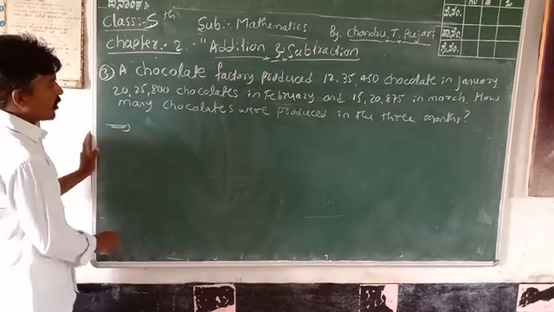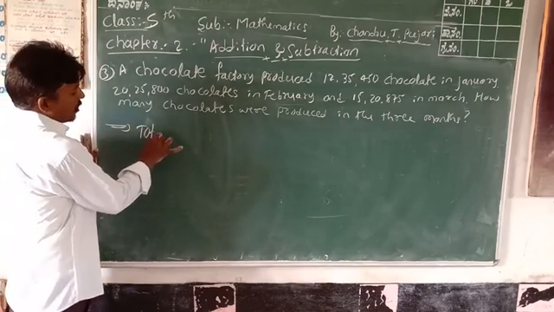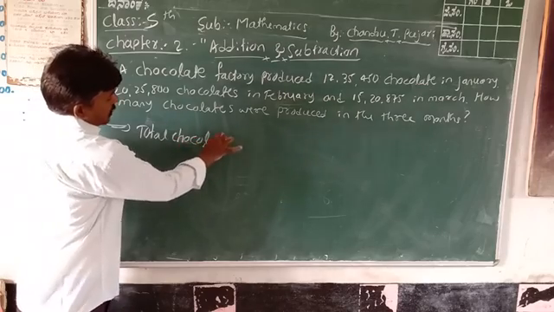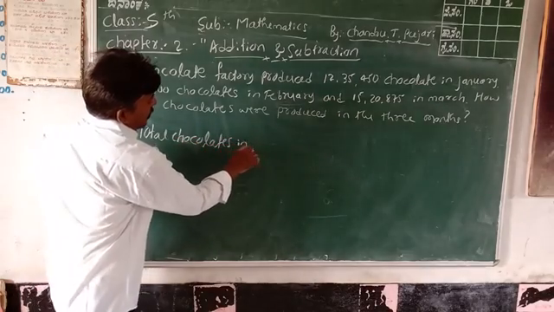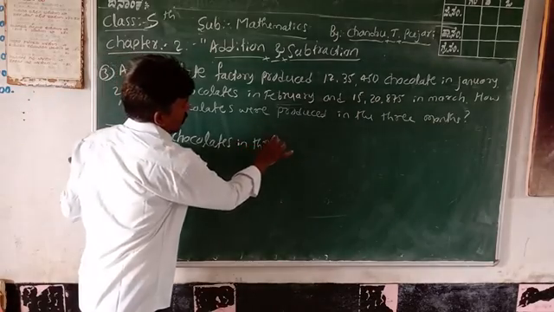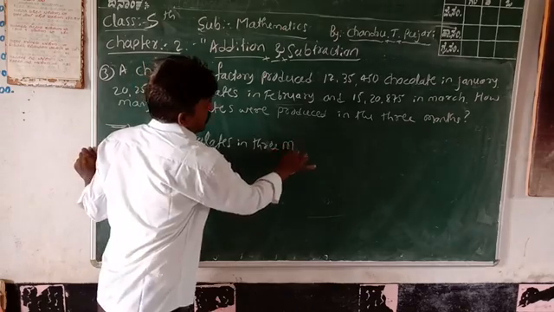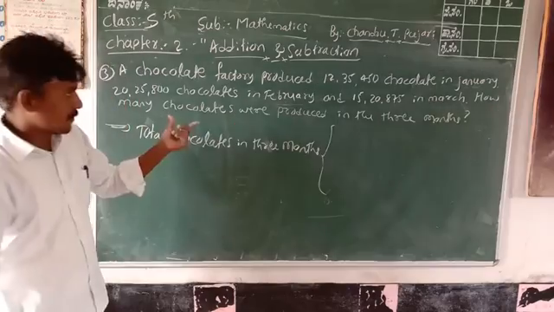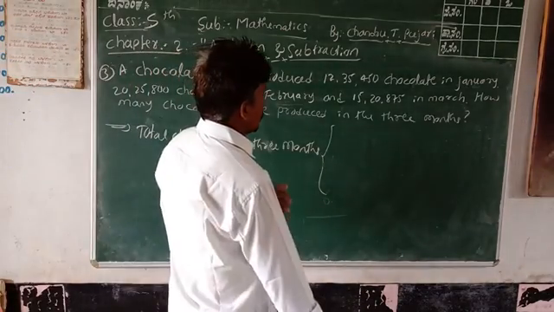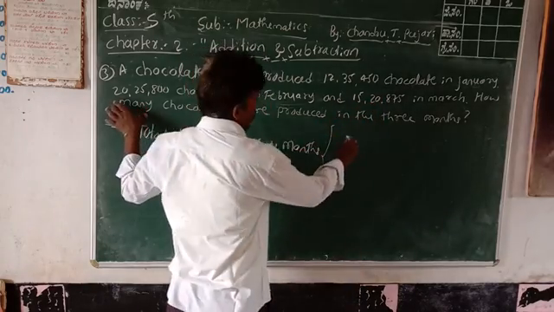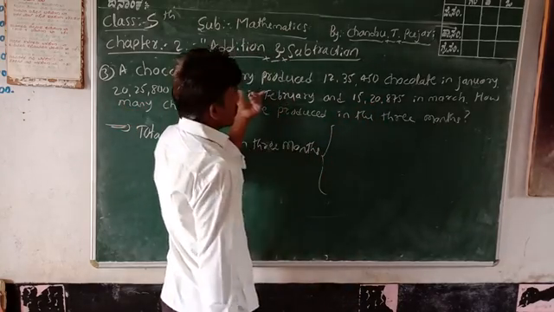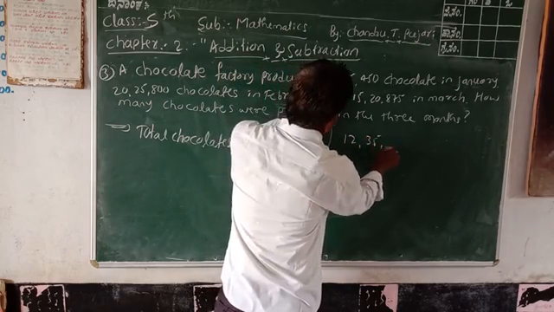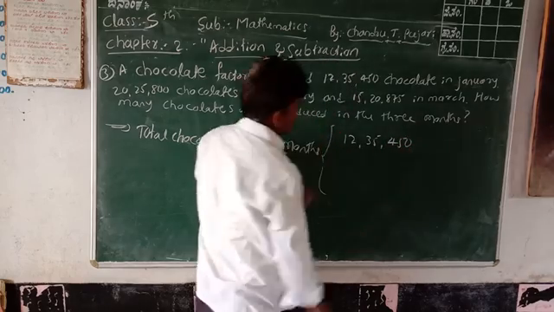Therefore, total chocolates in 3 months is equal to the total sum. First one, in January, how much is it? 12,35,450 chocolates.